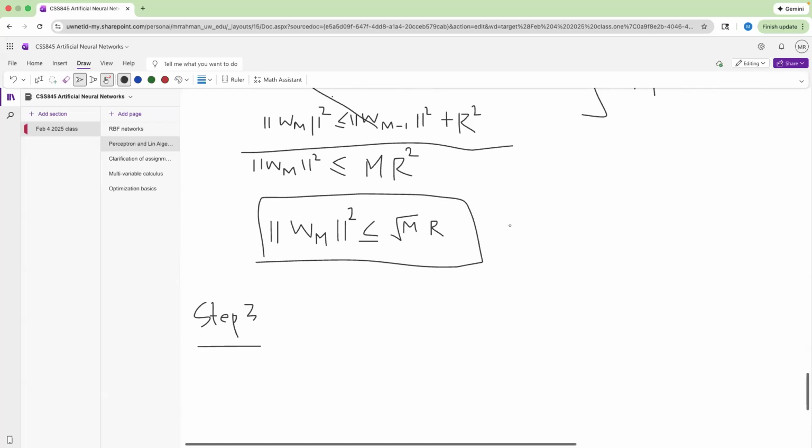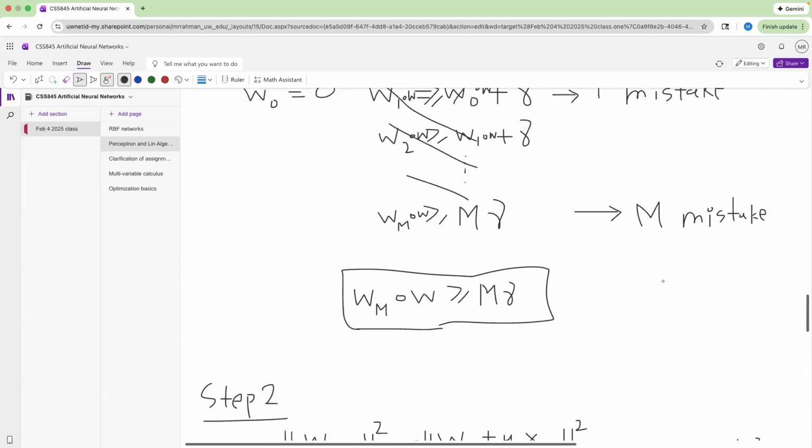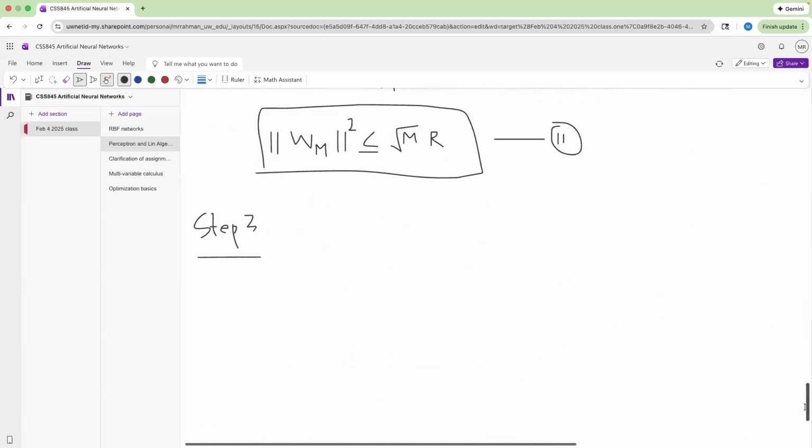Okay, so we have this result. This is like equation 2 that we provided. And then we have this one, right? This is equation 1. So if I write it down again here, we have the dot product between Wm and W is greater than or equal to m times gamma. All right.